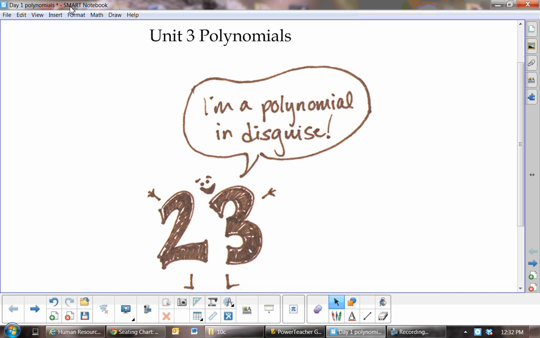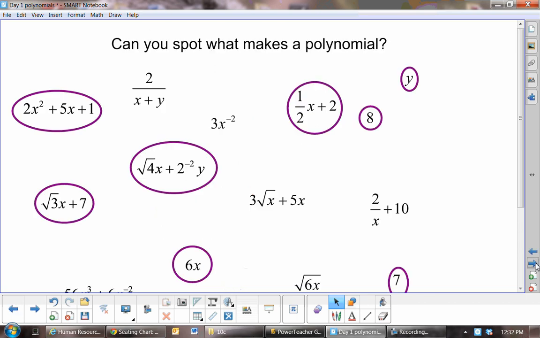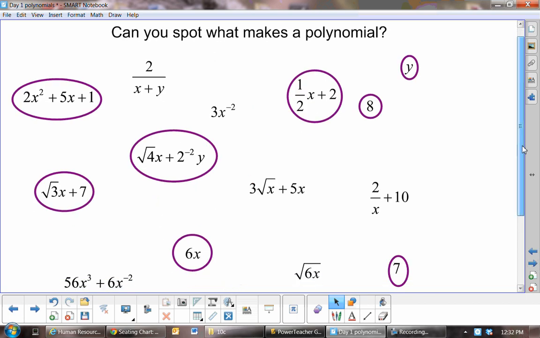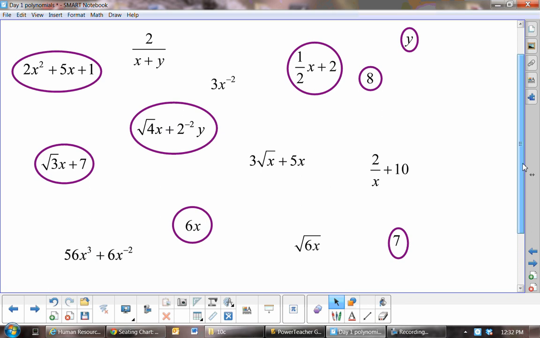Now, I want you to look at this page. Everything that is circled right now, it is a polynomial. The ones that are not circled are not polynomials.